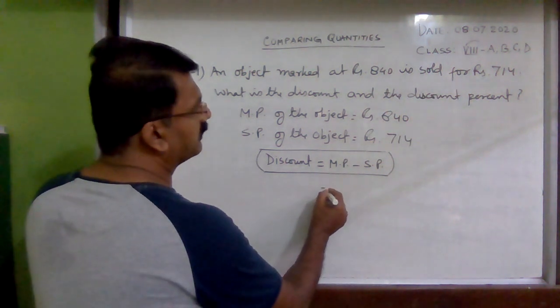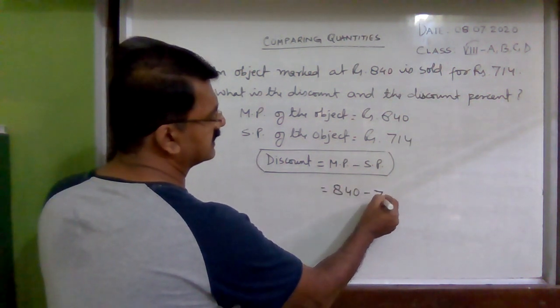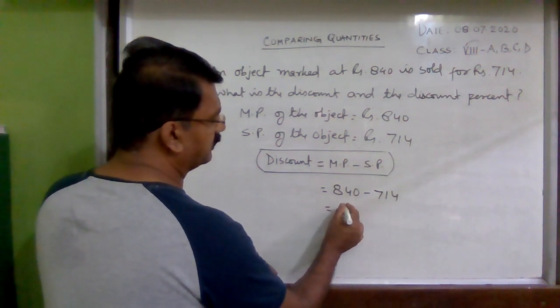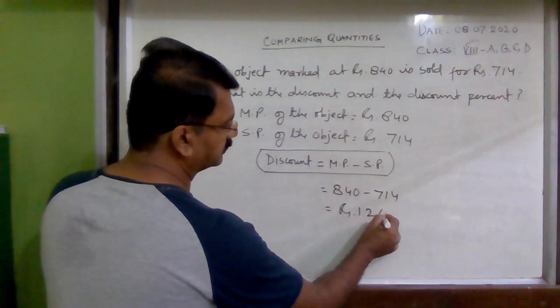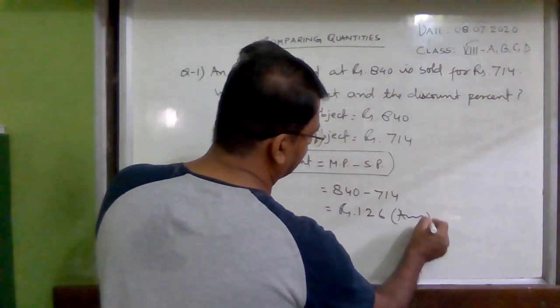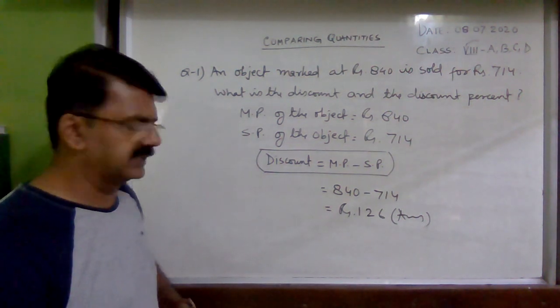Now the marked price is 840 and the selling price is 714. So when you subtract, it is rupees 126. Okay, so this is the answer to the first part, the discount. Discount is rupees 126.